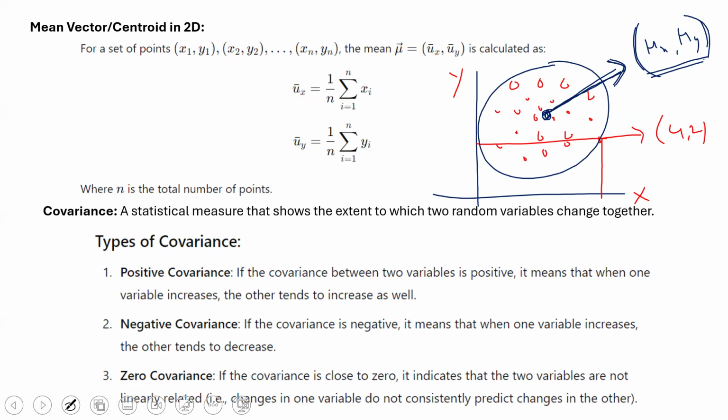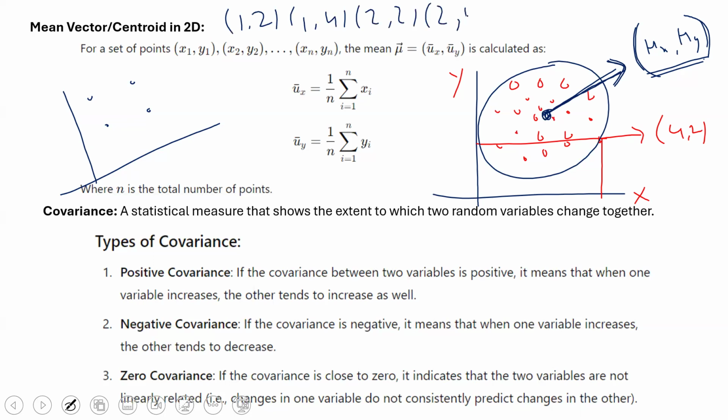To calculate this mean, let me take 4 points: 1 comma 2, 1 comma 4, 2 comma 2, and 2 comma 4. To calculate the mean, you will sum all the x values, 1 plus 1 plus 2 plus 2, divided by the number of points, which is 4.